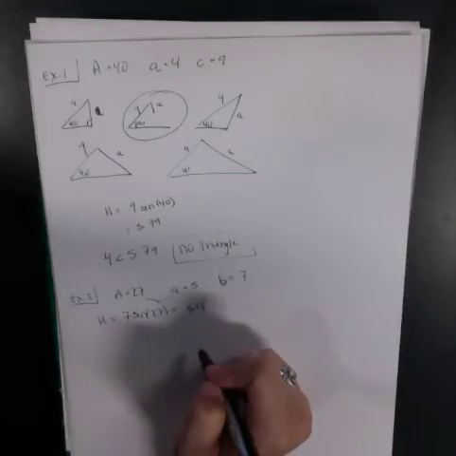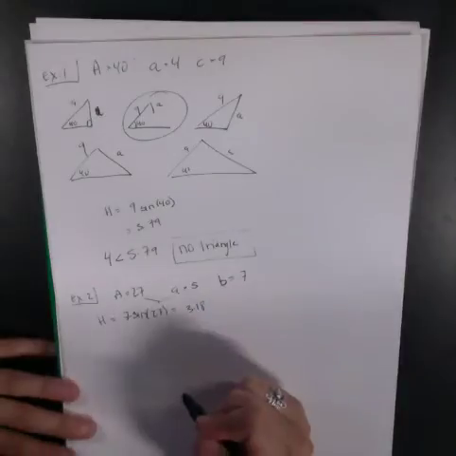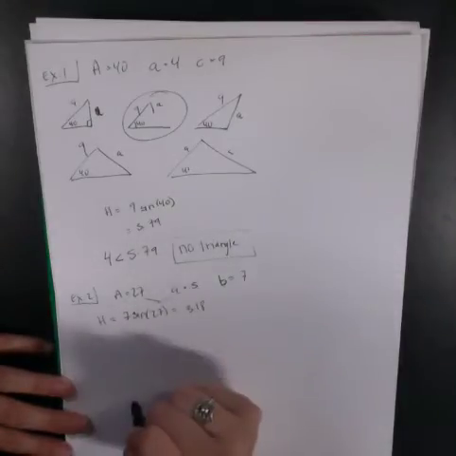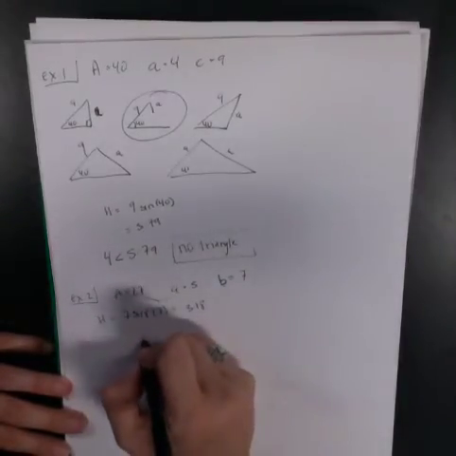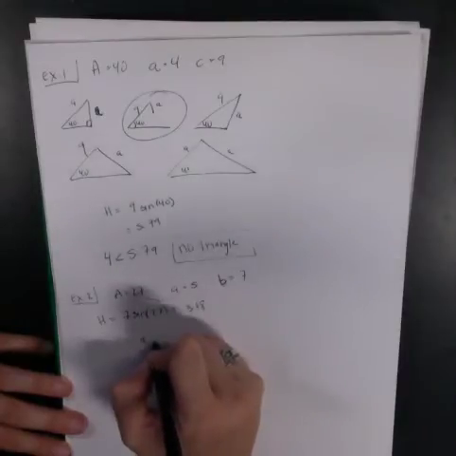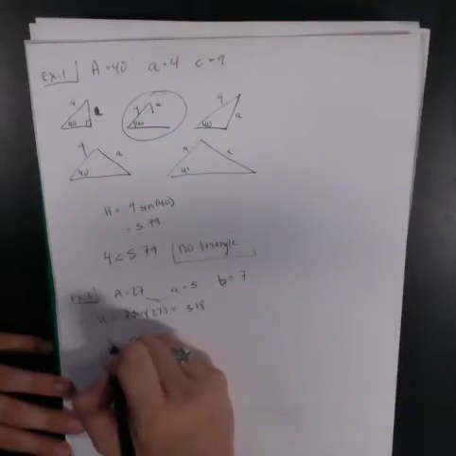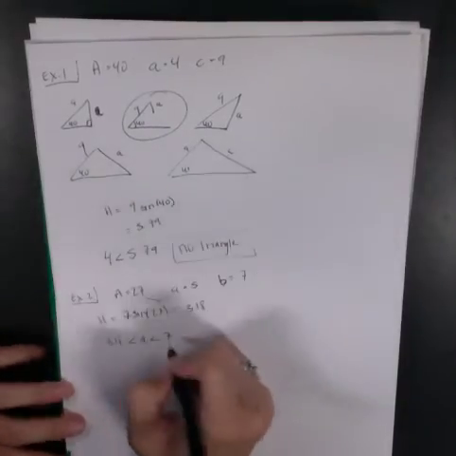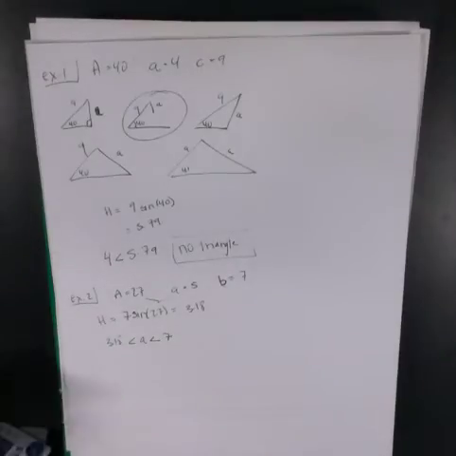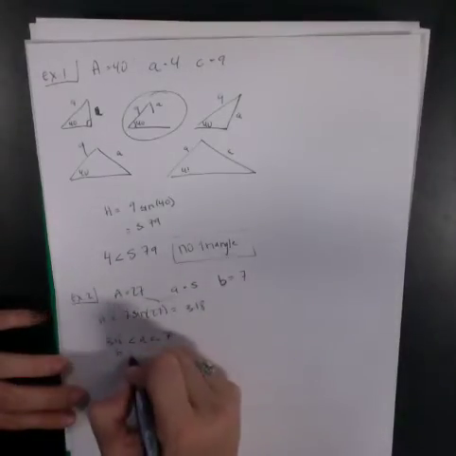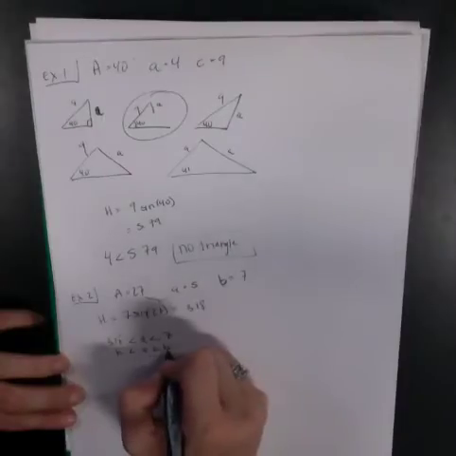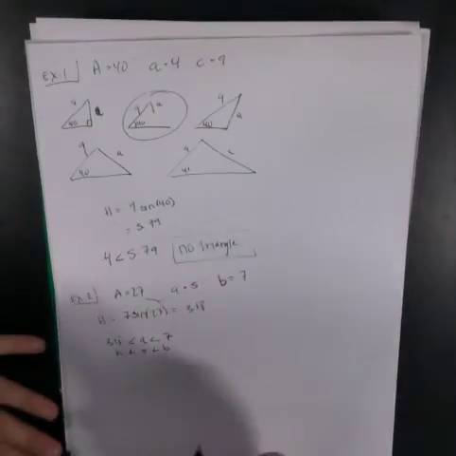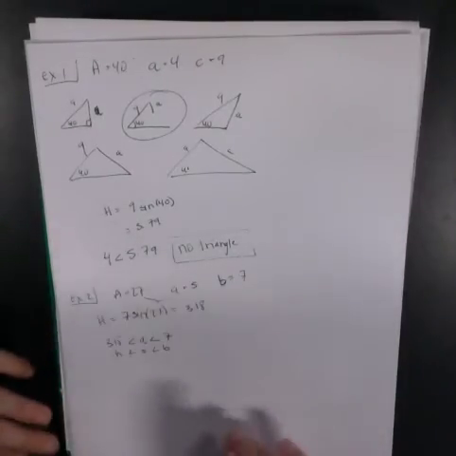So if I know that my h is 3.18, a, which is 5, is greater than 3.18 and less than 7. a is in between h and b, which means I have two cases.